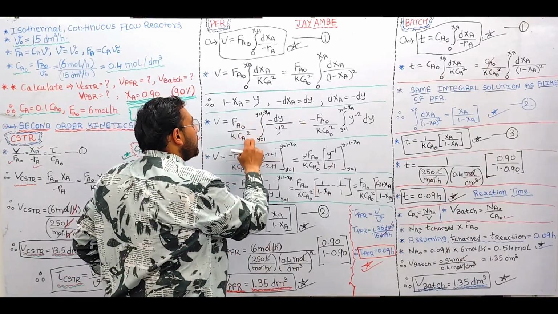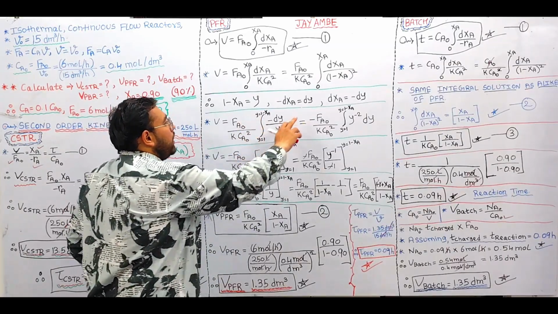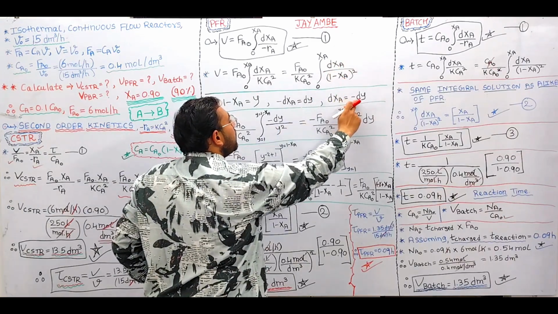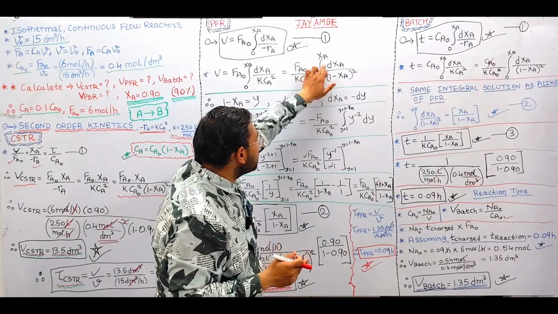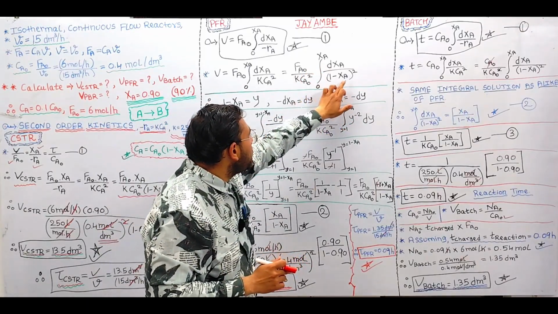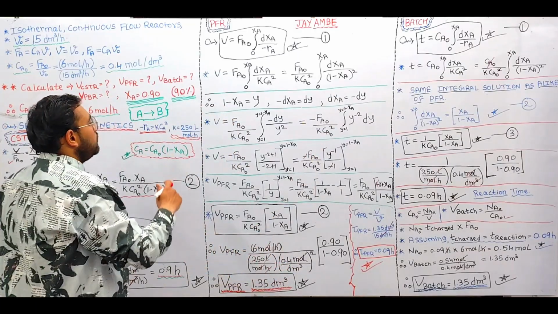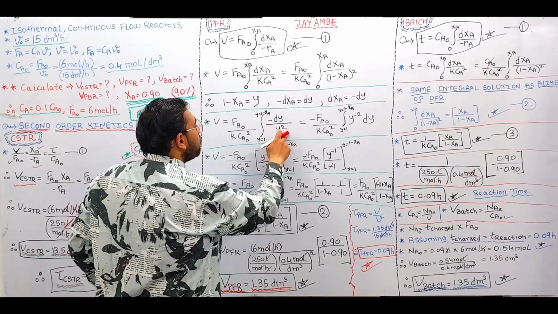I will make you understand the limits. So integration from the lower limit to the upper limit, and dxa we are substituting by its value, minus dy, divided by 1 minus xa whole square. Since 1 minus xa is equal to y, this becomes y whole square.